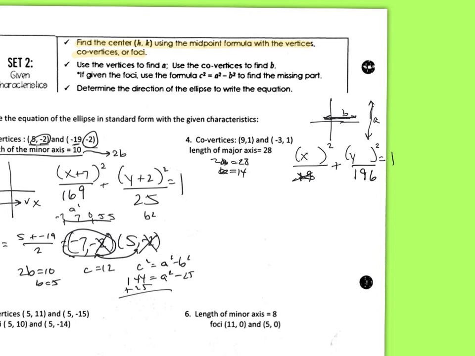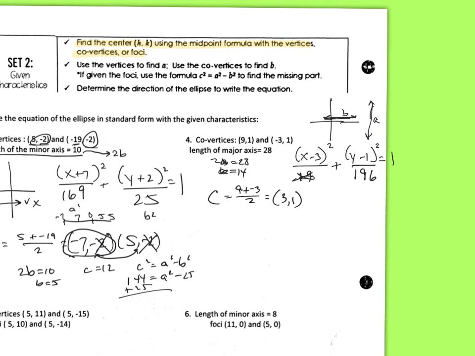And we need the center. So the center would be 9 plus -3 divided by 2. That's 6 divided by 2, so our center's at 3, 1. X minus 3, Y minus 1 up top. Now we need B squared.